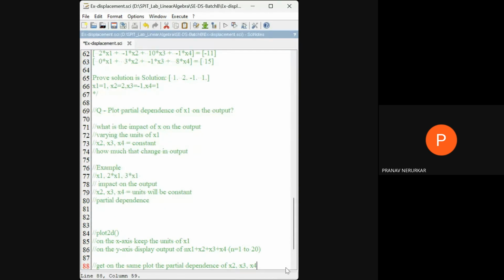Take 10 minutes. See if you are able to plot this. One hint for you is the previous week's exercise where we had done this line plot. We have used line plot there.